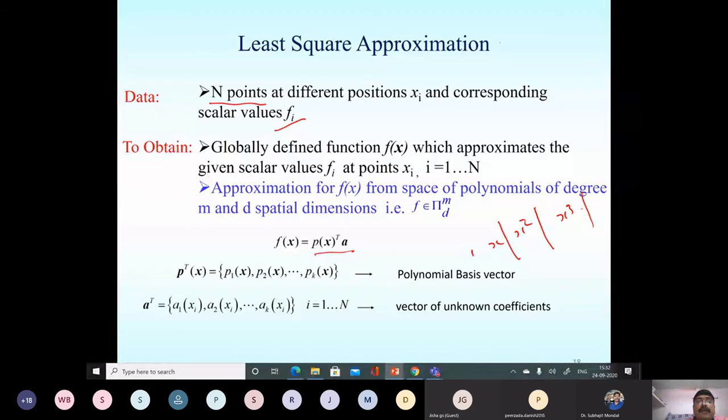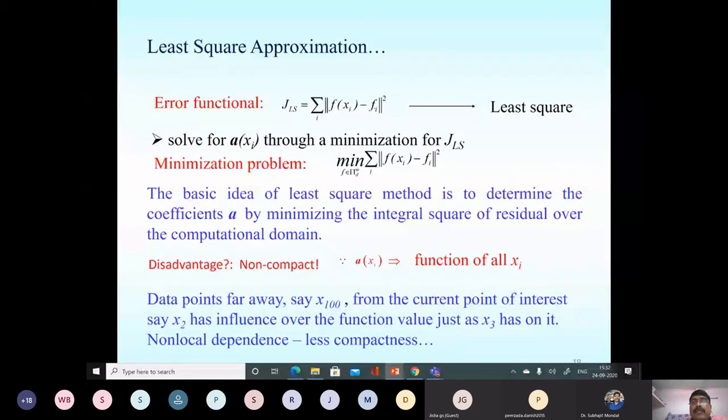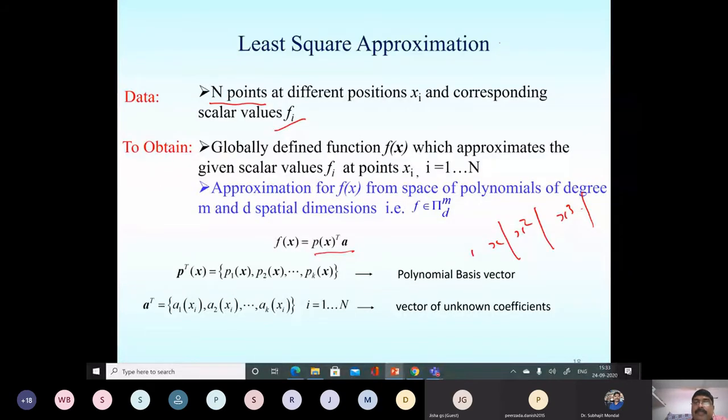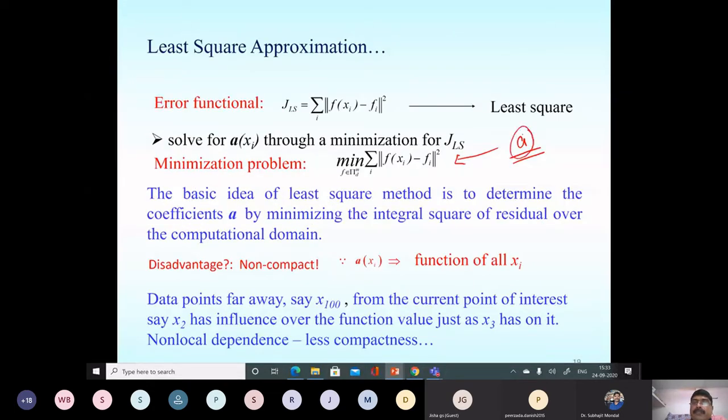Then you use least squares. The approximate function minus the scalar value, you square it, then you minimize to evaluate a. So a will be a function of all the xi's. The problem is that each a is a function of all the points; suppose I have 10 points, then a depends on all these 10 points.